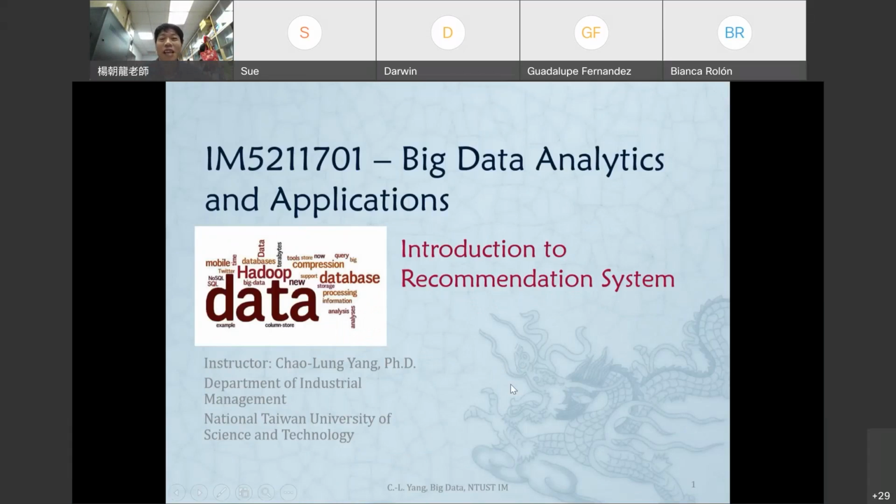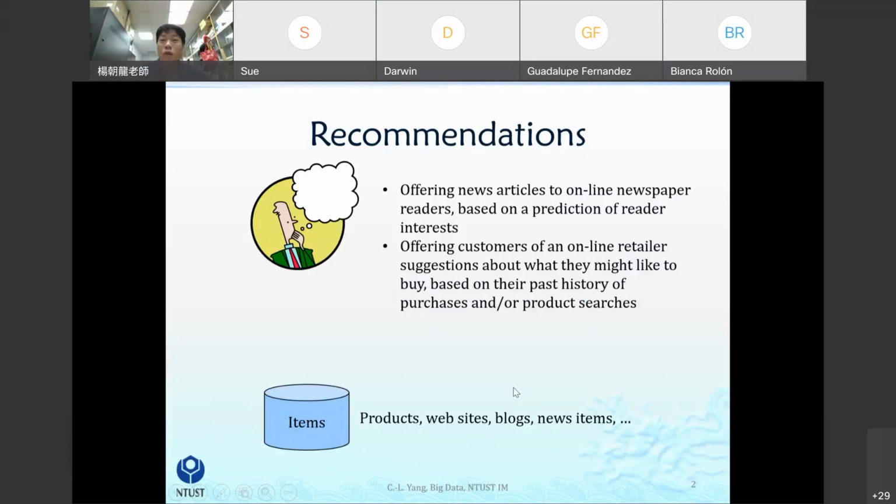All right. So as I was saying, recommendation systems try to offer, maybe you're a newcomer, you go to the newspaper, and there are so many different news items. Which one would the system like to recommend to you? That's very important.